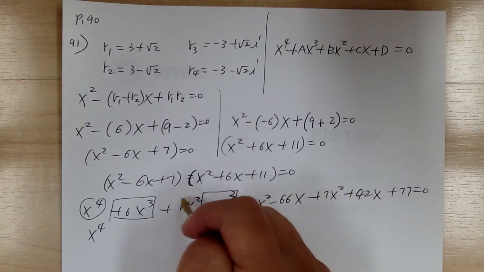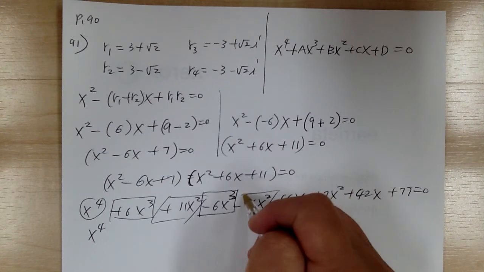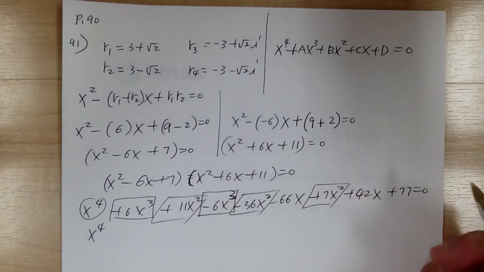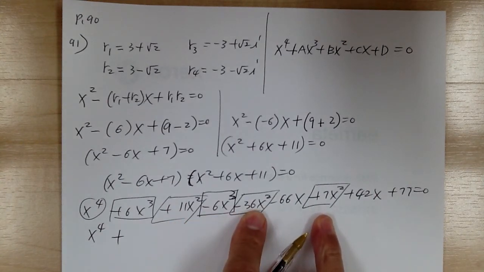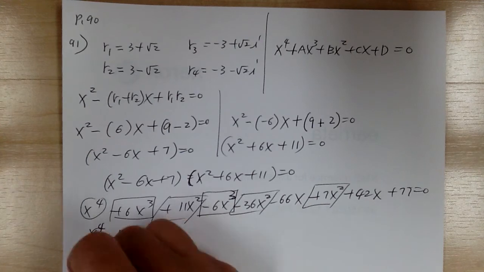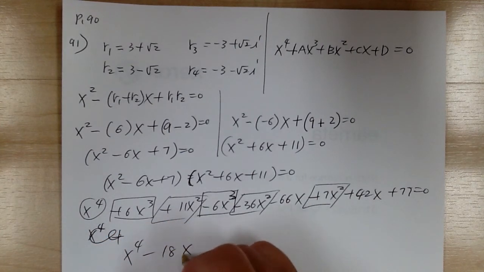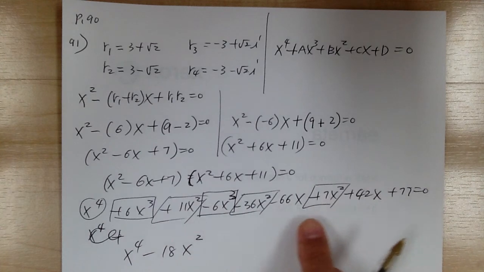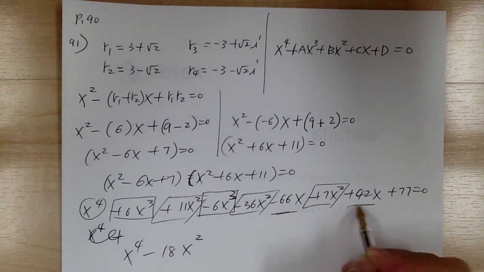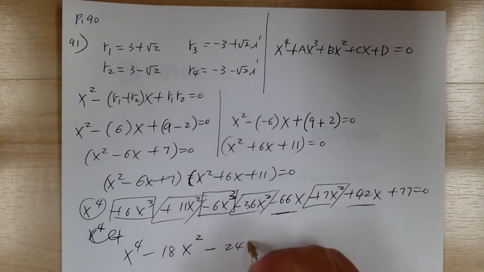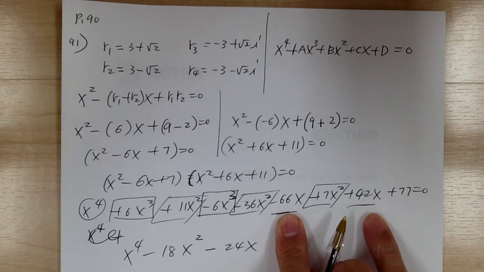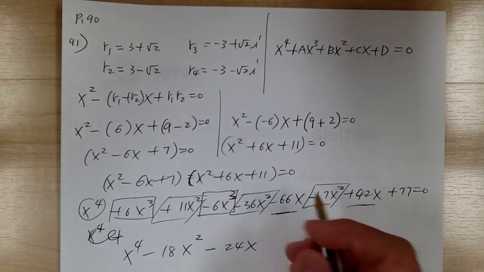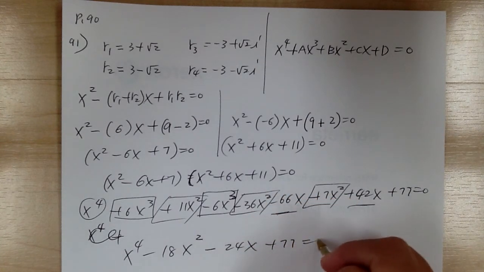So the square term, 11 minus 36 plus 7, will give you minus 18x squared, and the x terms, minus 66 plus 42, will give you minus 24x, and then you get plus 77 equal to 0.